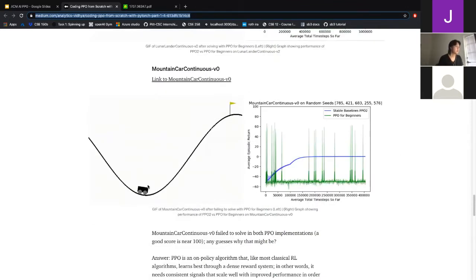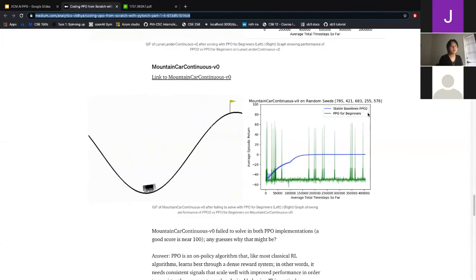And this one is supposed to try and get a little bit of momentum in order to reach the flag. So if you just try to go forward from here, you're not going to go up the hill. But if you sort of swing yourself up, then you're going to hit the flag and get a big reward. And unfortunately, neither my implementation nor the state-of-the-art PPO implementation actually managed to pass this one.